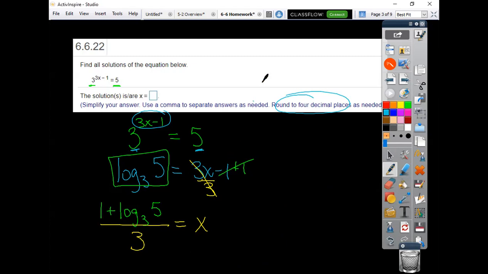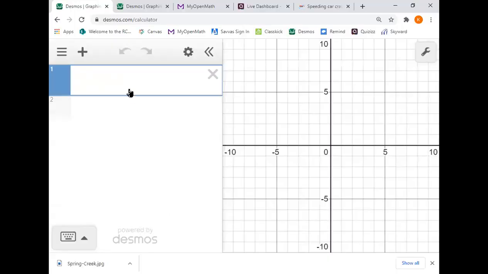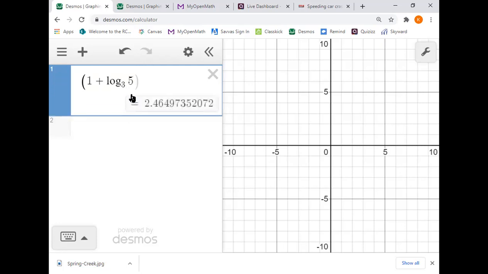So let's go and bring up that Desmos. And then what I had was in the numerator, so I'm gonna put this all in parentheses, 1 plus log. If I want base 3, I think if you do a shift in the hyphen, which is the underscore, that'll put it down in the subscript like you just saw, and the 3, and then arrow to the right to get out of the base of 5.